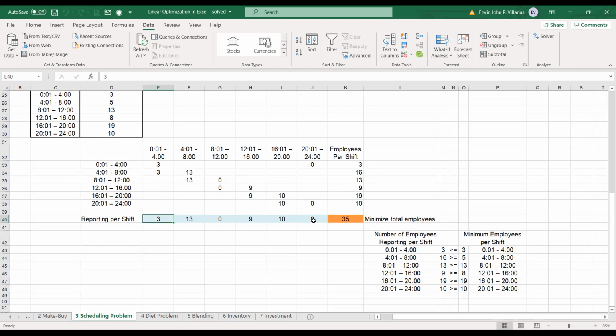Yes, sir. And then you also have E40 for E34, right? E34 is also referred to E33. Yes, sir. E33 is referred to E40, and then E34 is referred to E33.